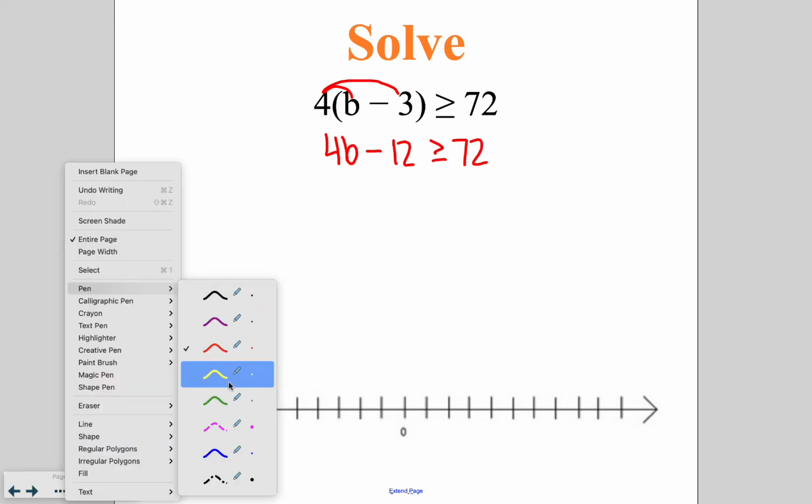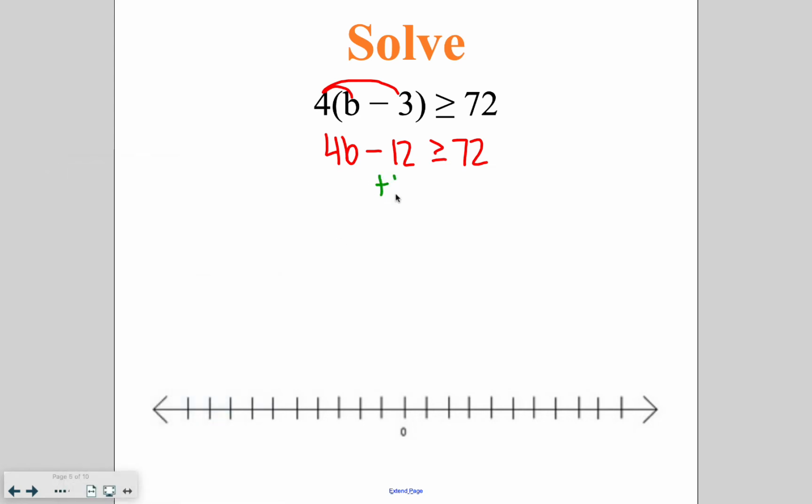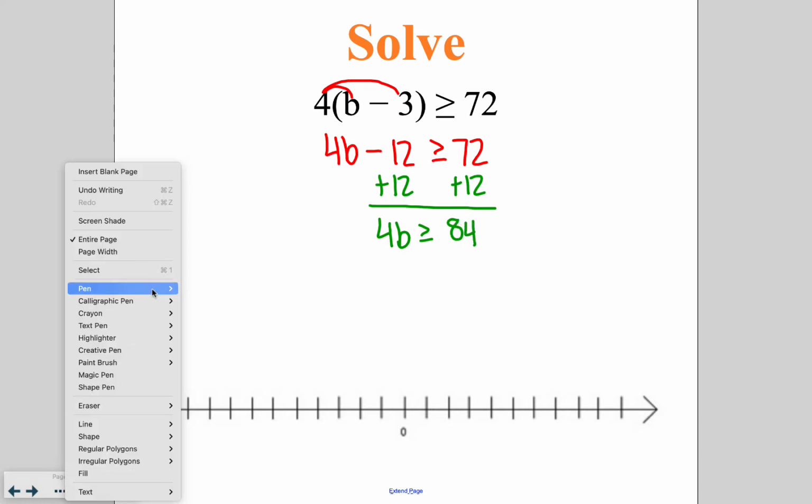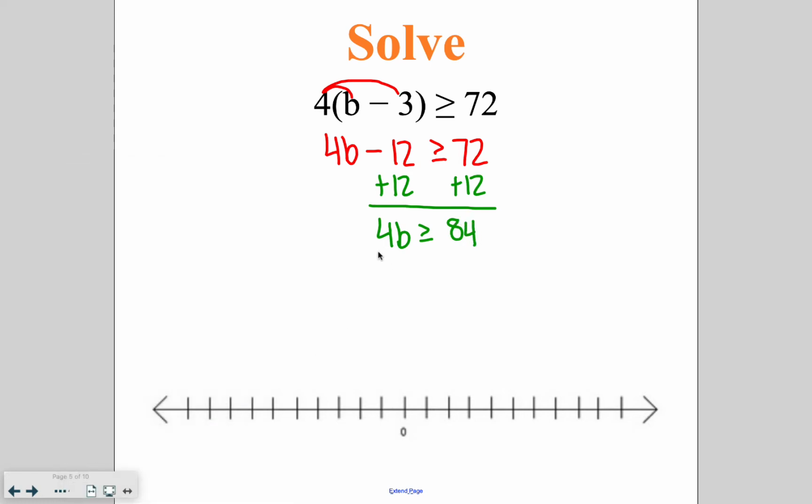To get rid of subtracting 12, we're going to add 12 to both sides of the inequality, and I get 4b is greater than or equal to 84. And then to get rid of multiplying by 4, I'm going to go ahead and divide by 4 on both sides, giving me that b is greater than or equal to 21.